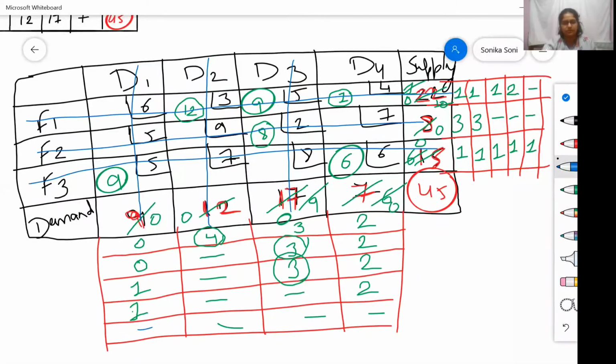Now, what is the next step here? The next step is we have to find out the total transportation cost. How do we do that?